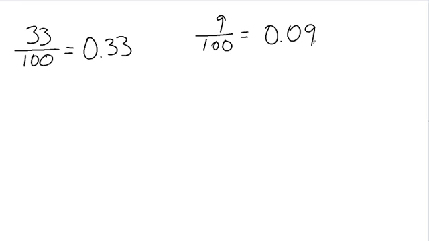Finally, you might be asked to write money as a decimal. So perhaps you're asked to take an amount of money, perhaps 60 cents, and write that as a decimal.